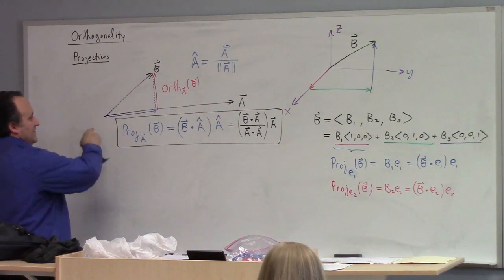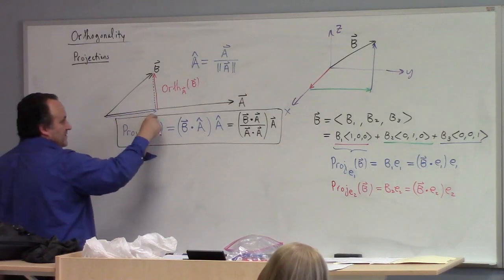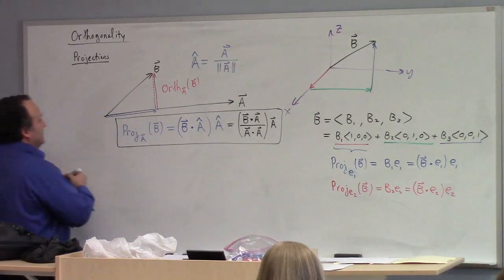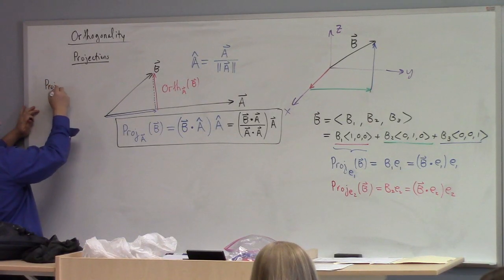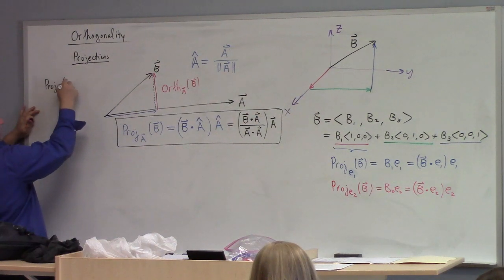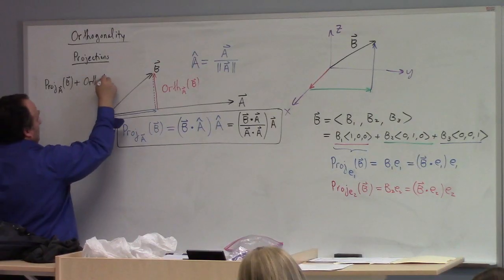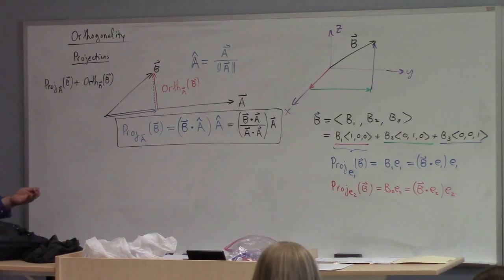And the basic, you can see it in terms of vector addition here, right? You see the vector addition? The blue plus the red is the black. So in terms of an equation, that means that the projection in the A direction of B, plus the orthogonal projection in the A direction of B, which is not in the A direction, right? It's actually completely outside the A direction altogether.